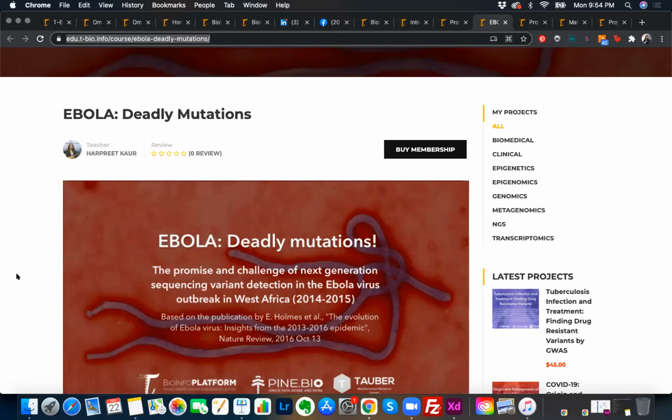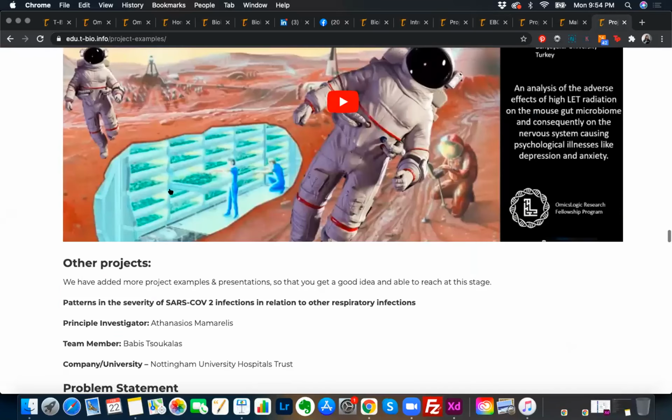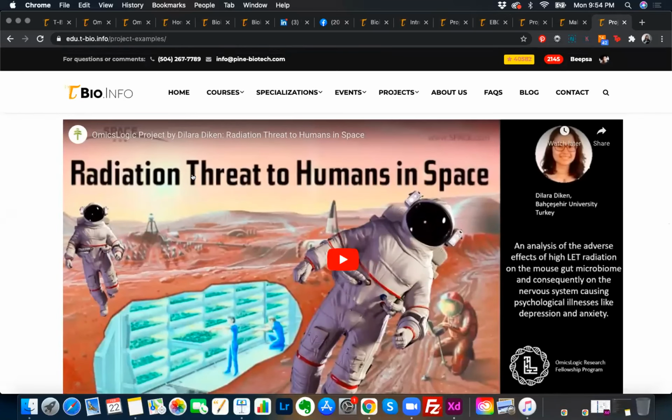So yes, you can choose any of these research projects. In fact, the projects that we mentioned as part of the examples are all novel research projects, which means that we have not proposed those topics. The projects that you see here have been proposed by the participants who have taken part in the research fellowship program.